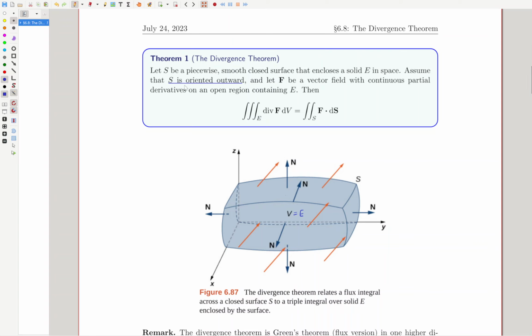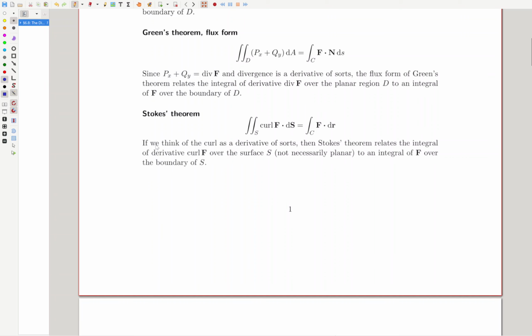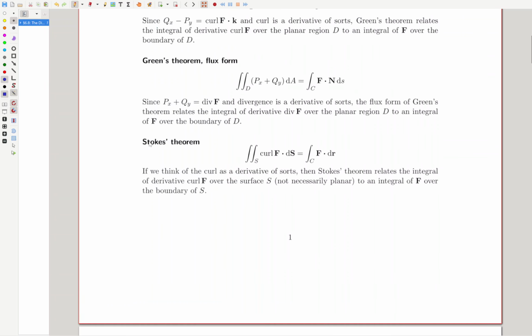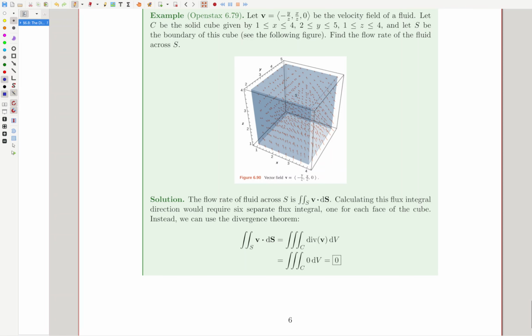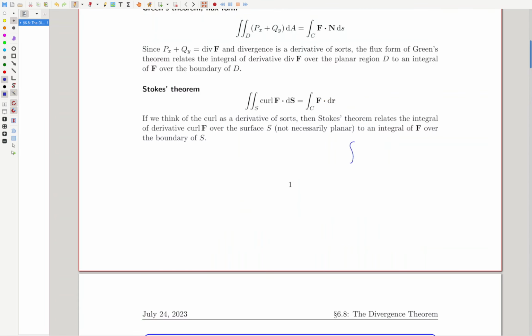Okay, now what I was going to say, coming back to relating all of this with the rest of the theorems. I just want to make a comment that you're not going to fully understand what this means, but Stokes' theorem actually generalizes a lot further with higher level math.